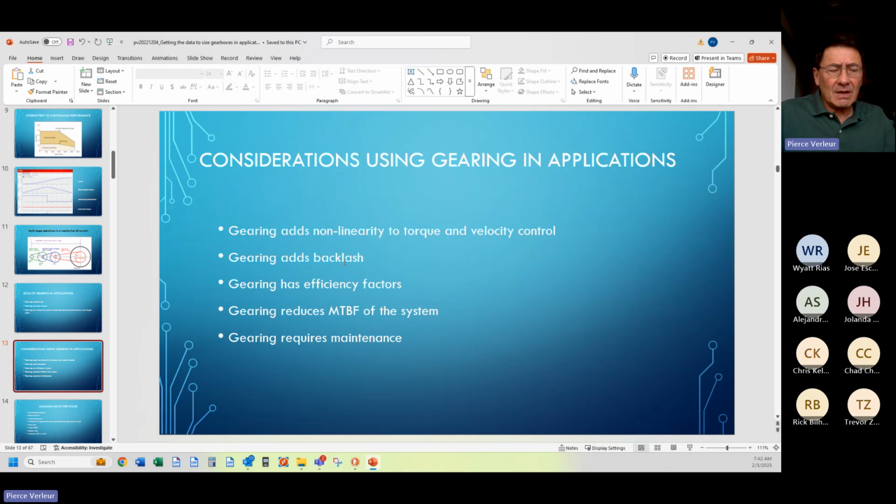The application that comes to mind, where I was able to apply a precision gearbox in what was normally a standard gearbox application, happened to be on a piston pump, where it was part of a compressor design, and the piston, as you know, is a linear thing, so it compresses and then it releases and compresses and releases, and it's driven by a crankshaft, and that crankshaft was driven by my gearbox and then my motor.